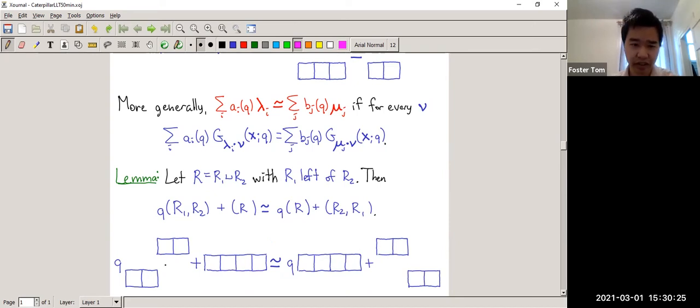So what does this look like? If I wanted to prove that q times this LLT polynomial plus this LLT polynomial equaled this combination of LLT polynomials, the most direct way to do it would be just to have a bijection between tableaux that are either of this shape or this shape, and tableaux that are either of this shape or this shape. And it needs to preserve weight and do the right thing with inversions.